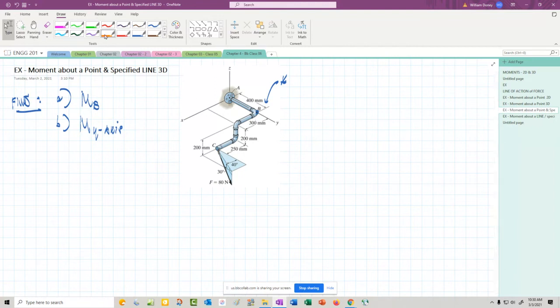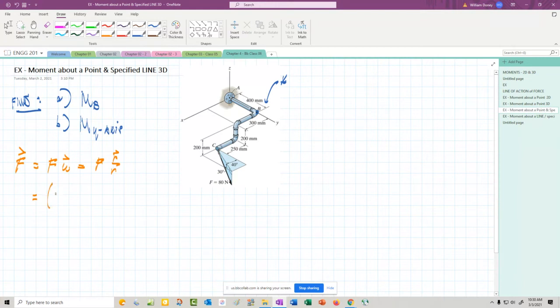All right, let's find the force vector, meaning we're going to put this force into vector form. So again, the force is going to be F times U, which is F times, if we have to build it, R over R. Here we can sort of do it with the cosines.